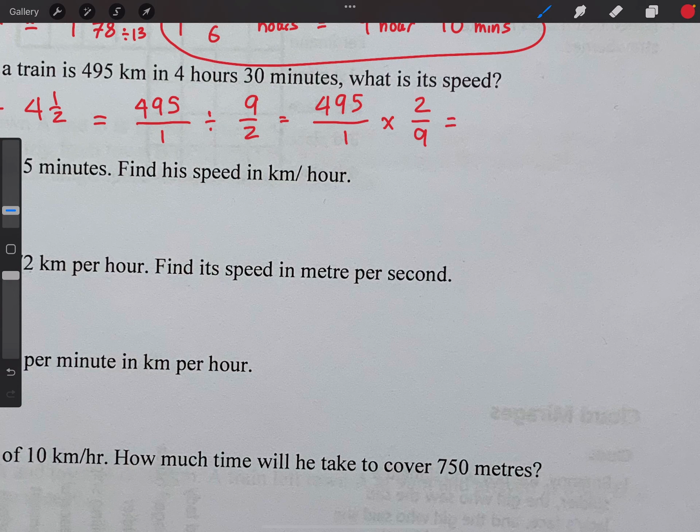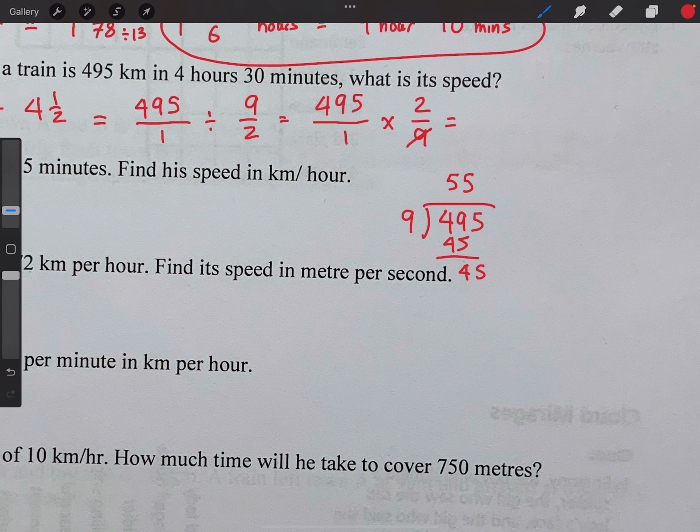Okay, so I wonder if we can simplify the 9 and the 495. Let me just try. 495 divided by 9. 49 divided by 9 is 5. 9 times 5 is 45. That's a remainder of 4. Bring down the 5, 45. So that's another 5.